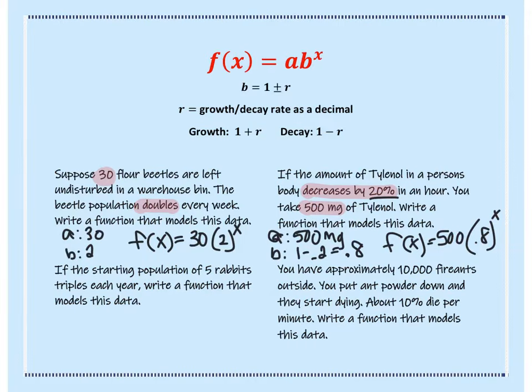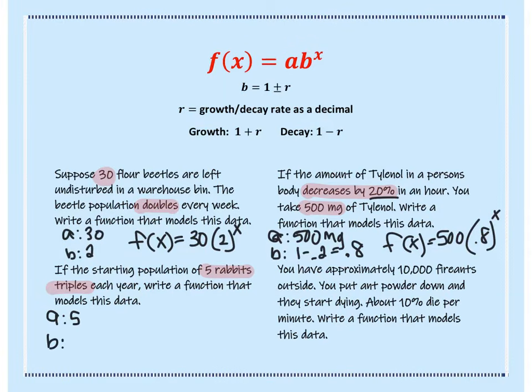My next question. If the starting population of 5 rabbits triples every year, write a function that models this data. So you have 5 rabbits, and it's tripling each year. So my a value is 5. So I'm starting with 5.